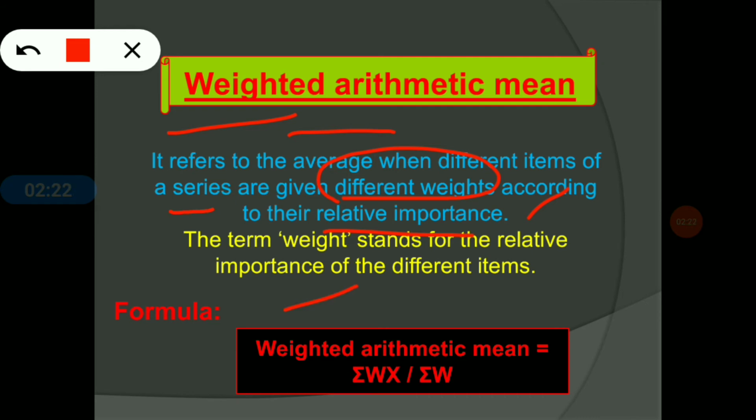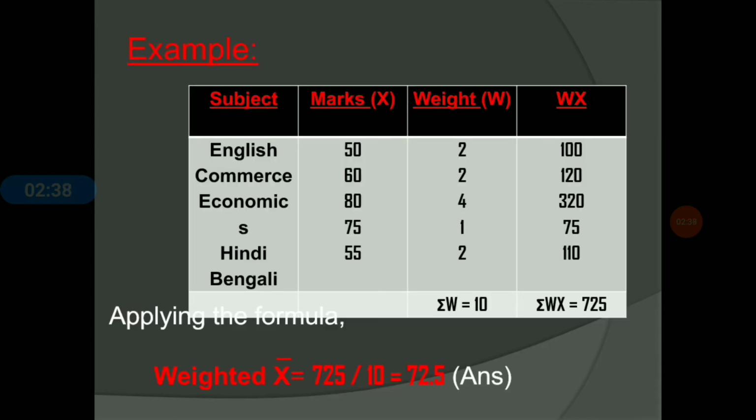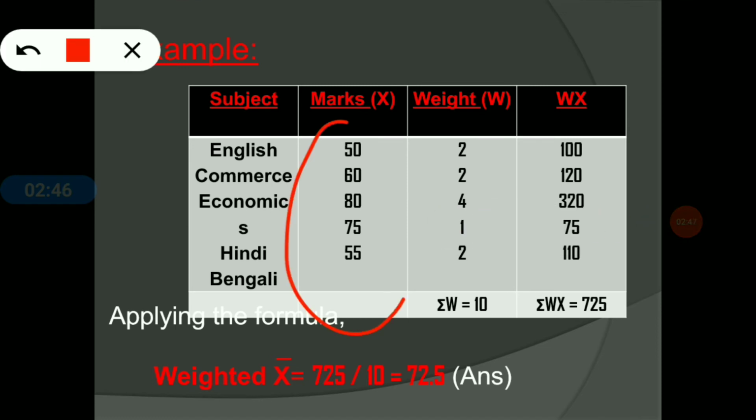So now going to the formula. So weighted arithmetic mean is equals to summation wx divided by summation w. So w denotes the weight. Okay. So now going to the next slide, where we can see the example. Okay. So here we can see the 50, 60, 80, these are the variable of x, and these are the weights according to their variable.